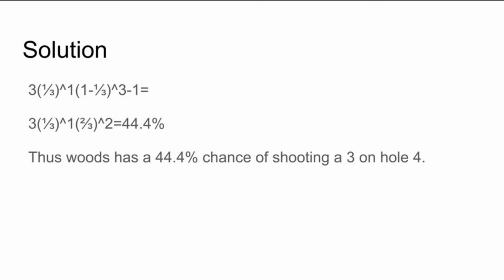Next, we're going to talk about the probability that he did not shoot a 3, which is 2/3, raised to the number of times that he did not shoot a 3, which is going to be 2. That 3 and the 1/3 to the 1 cancel out very nicely, so you basically have 2/3 squared, and you get 44.4%, which is going to be the probability that Tiger shoots a 3 on hole 4.